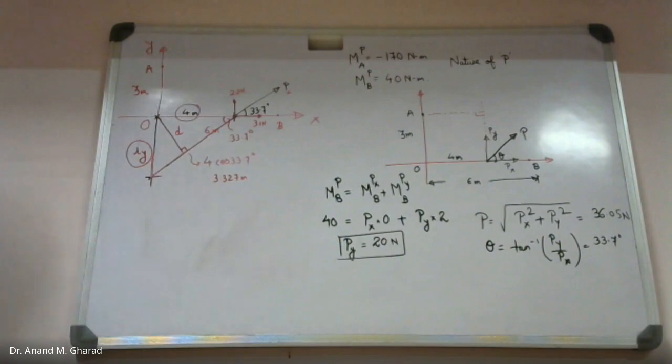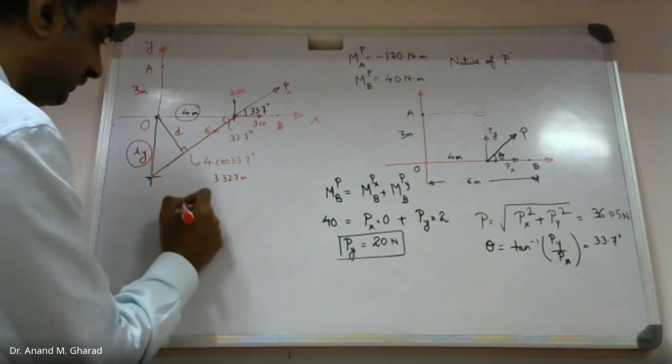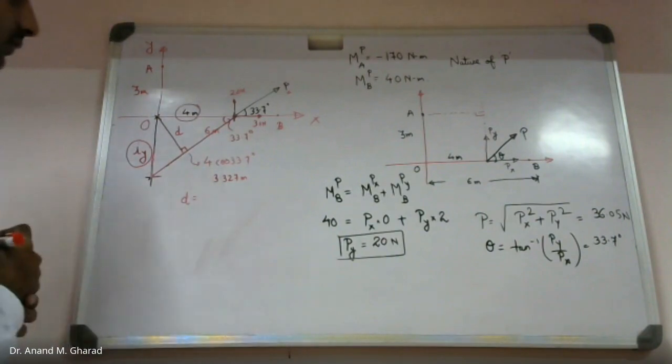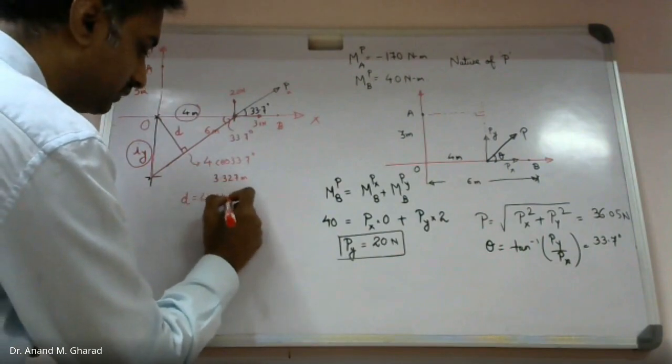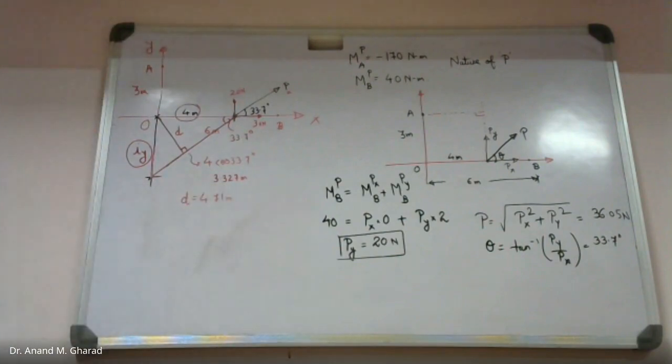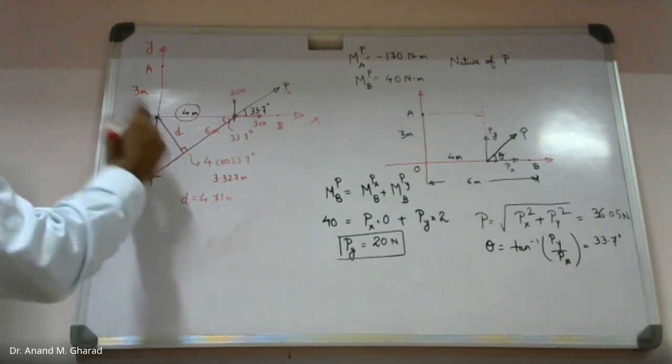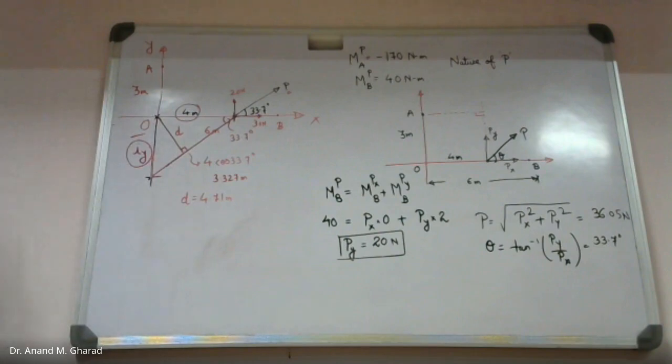This you have. How much did you get this D value? 4.71 meter. Okay, ठीक है. 4.71 meter.